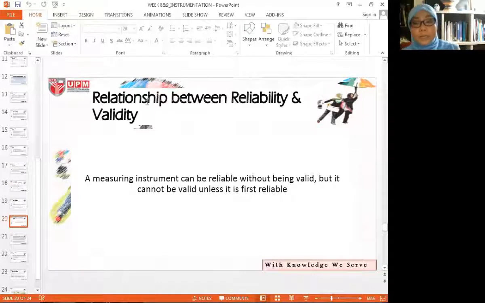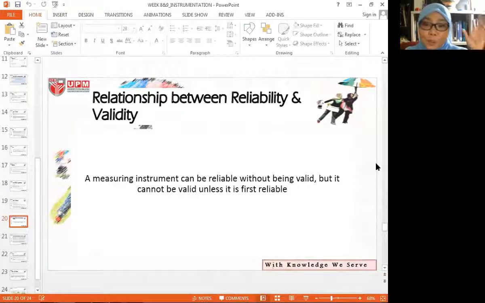Okay, so the relationship between reliability and validity, if you noticed based on the board just now. An instrument may be reliable but not necessarily valid. But an instrument that is valid, for sure it is reliable.